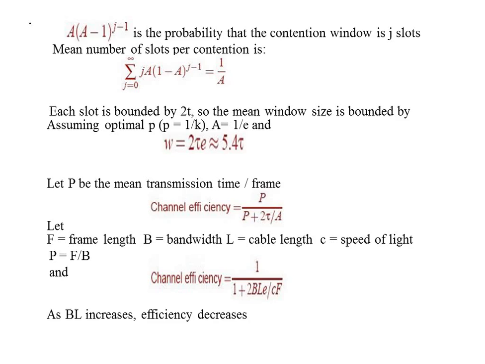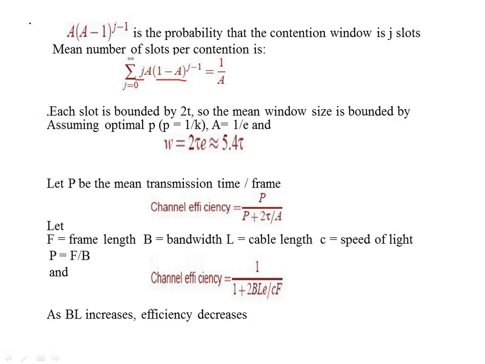Considering that A into (1 minus A) raised to J minus 1 is the probability that the contention window is the jth slot, the mean number of slots per contention you can calculate as J into this probability, summed from 0 to the number of slots you are considering. So that will give you approximately 1 upon A.